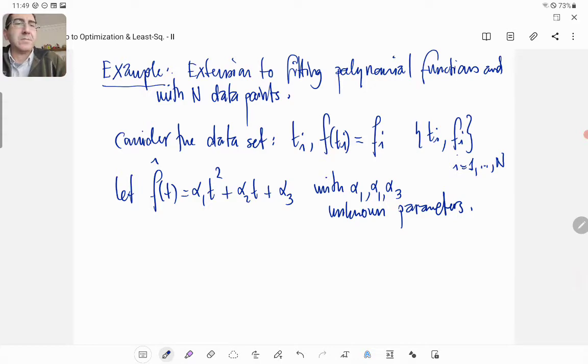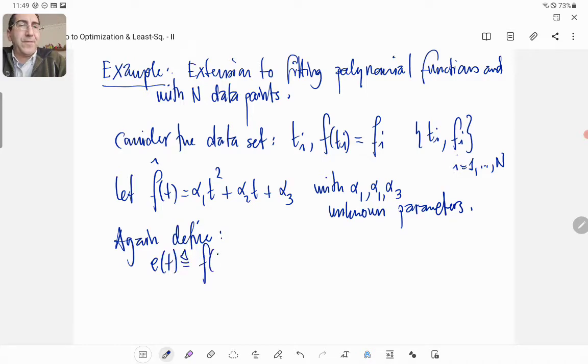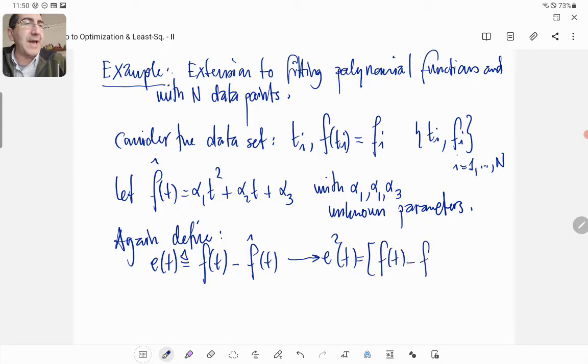What is our error? Again, define the error e at time t as f of t minus f cap of t. F of t is coming from the data, f cap of t is coming from the parametric function for the given t. Similarly, e square of t becomes simply f of t minus f cap of t squared.